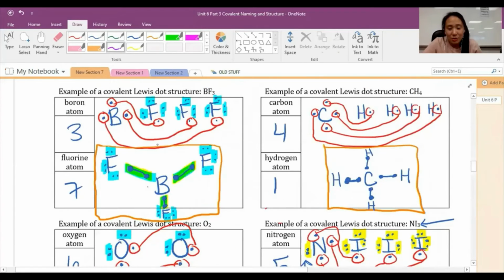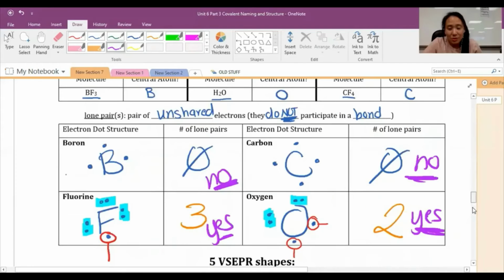So here, we see that this boron right here is attached to how many? 3 fluorines. Does boron have any lone pairs? Nope, there's no dots, all the electrons for boron are sharing. That means this is trigonal planar. Okay, so this is an example of a trigonal planar molecule, okay?